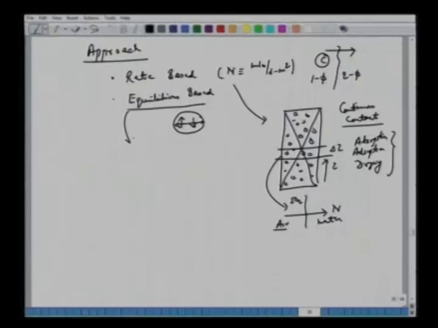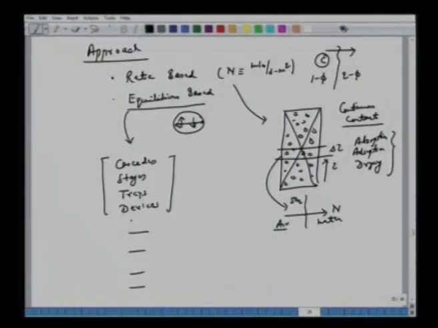Equilibrium based approach, what do we do? Now we are talking of cascades. We are talking of stages, trays, certain devices, contactors. So we are looking at trays like this. Liquid goes like this, vapor goes like this. If you look at one tray, there is a pool of liquid.